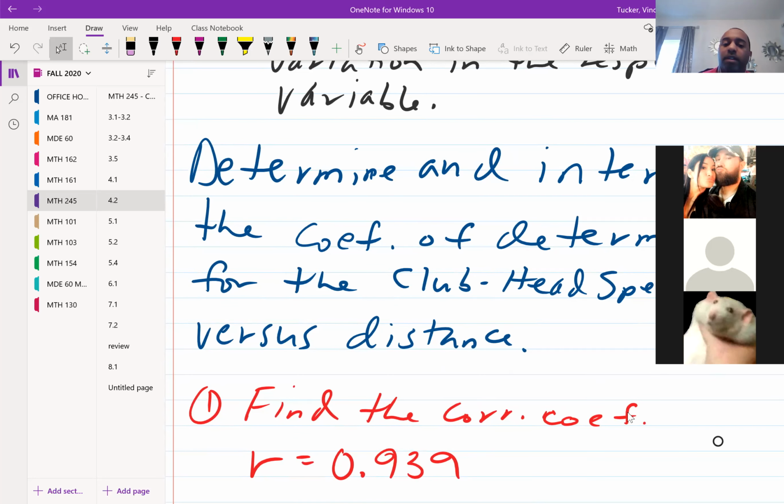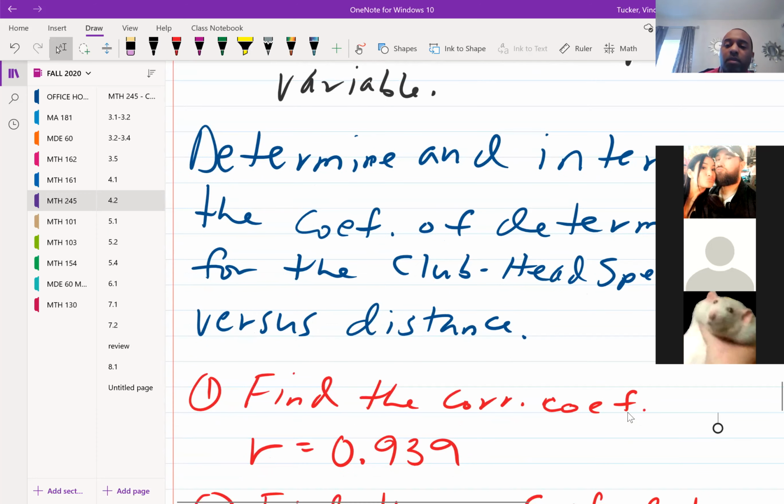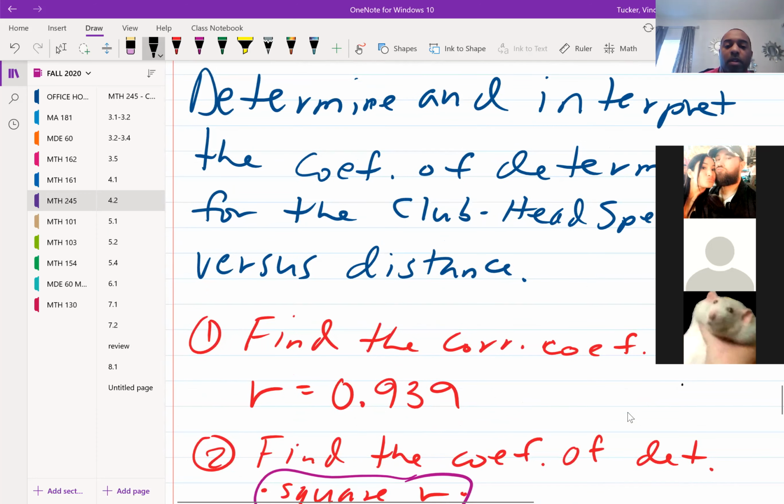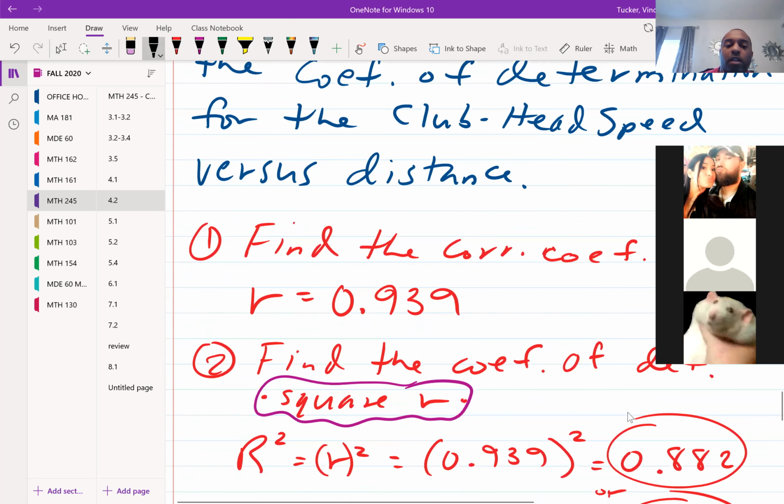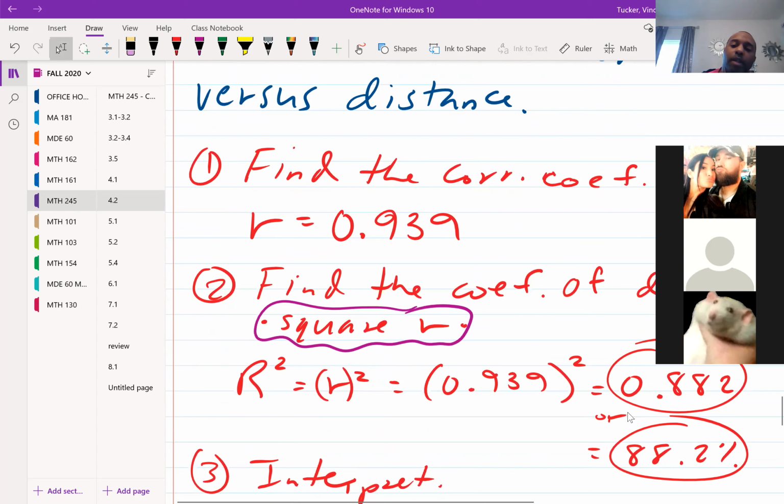We've already found that. That's 0.939. Then we can find the coefficient of determination, and that's just squaring the correlation coefficient. So we took 0.939, squared it, and it gave us 0.882. Or if you want to write it as a percentage, that's 88.2%.